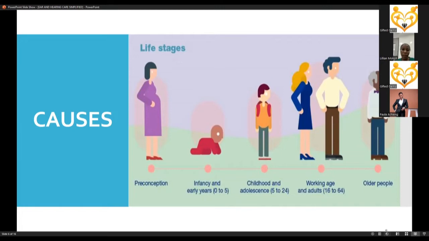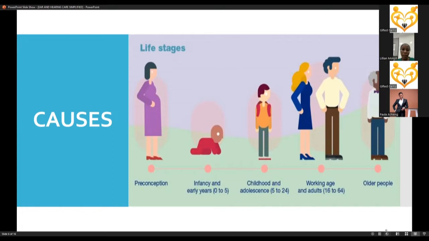Between adolescents and young adults, these are the people who expose themselves to concerts, they go to the disco, they listen to music using the earphones. At this stage, each time you're listening to music at harmfully high levels, you know that you're putting your ears at risk, and you're putting yourself at risk for developing a hearing loss.